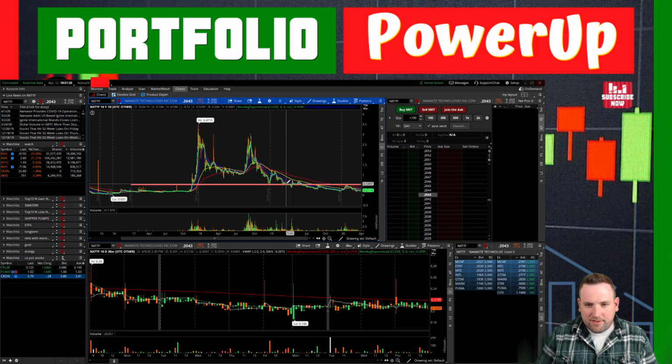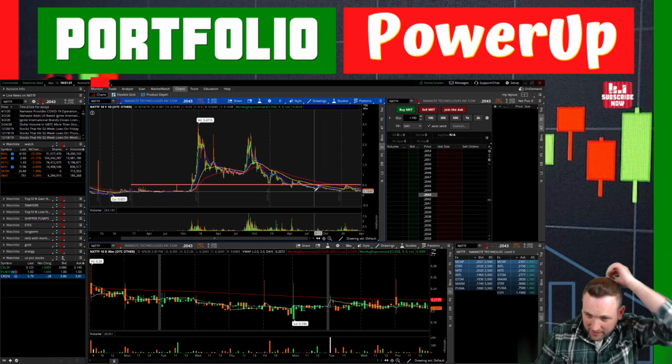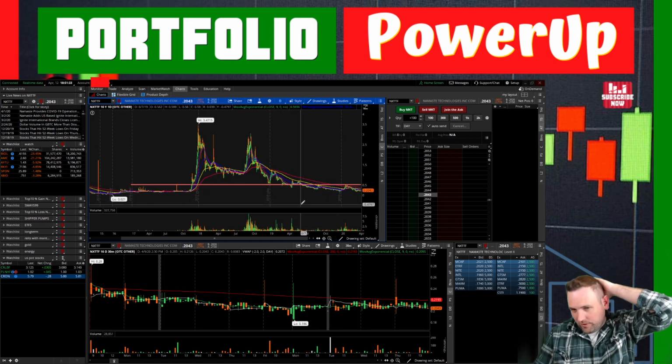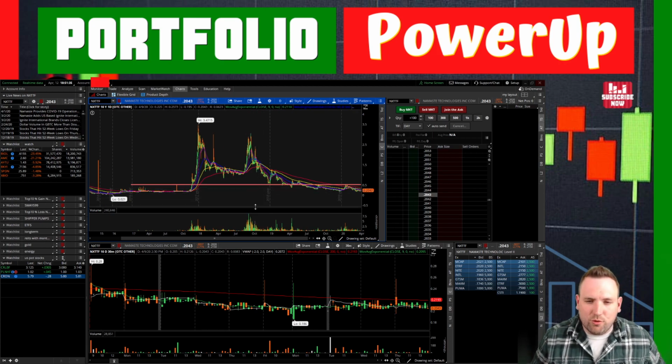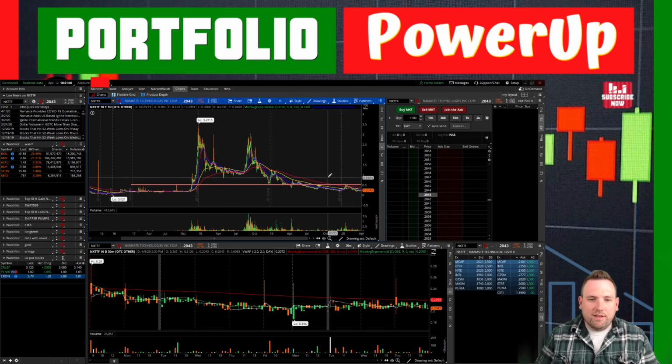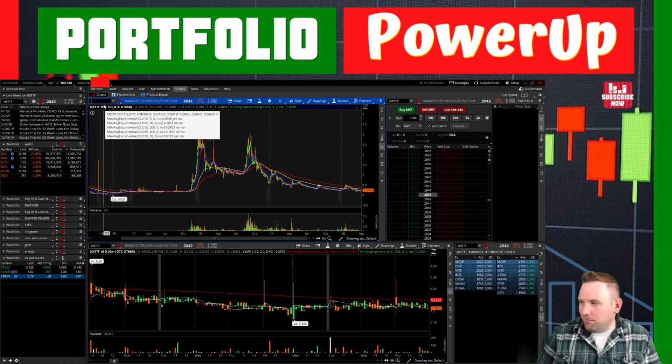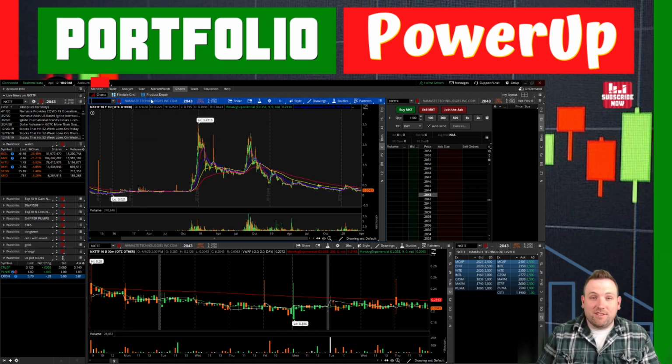It had a little bounce again, and then it finally cracked, and then it hit right there. So that 50 cent area is a really tough area. I wouldn't want to touch this until it broke over 50 cents. If it ever got back over 50 cents, then it maybe could go to $1 or something. But yeah, that's some very strong resistance at 50 cents.